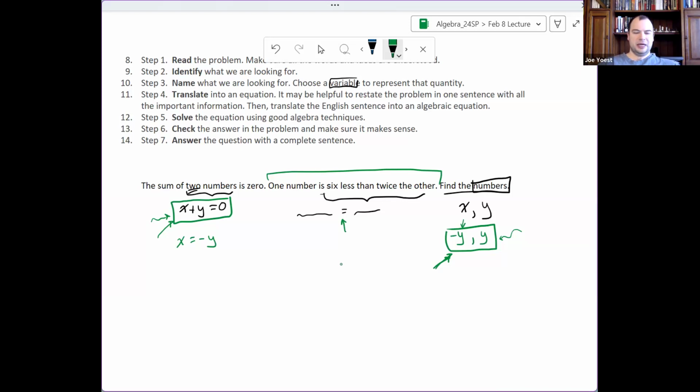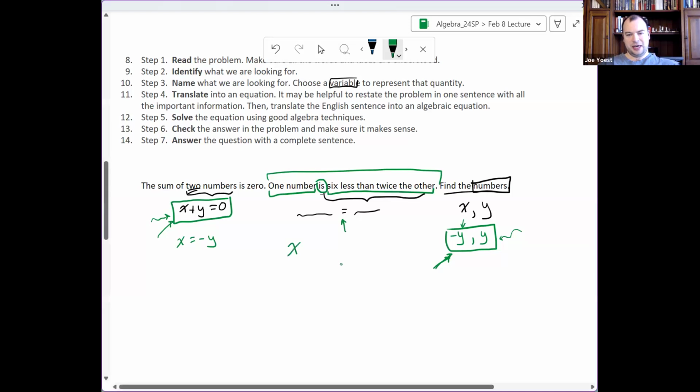Let's do this in X and Y first. When we say "is," that word usually means put an equal sign there. So one number, let's say X, is 6 less than twice the other.